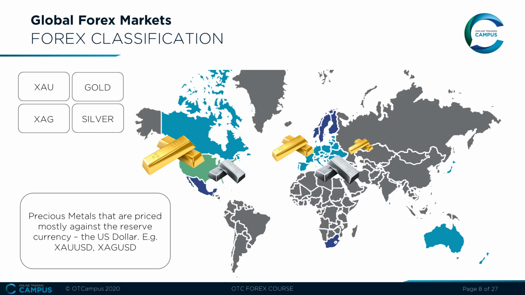Equity and other brokers will also offer XAU and XAG to be paired against other widely traded currencies like the euro, for example. So XAU euro or XAG euro. We will, however, stick to the US dollar pair, as this is one of the pairs we can look at professionally in terms of futures gold charts and futures silver charts.